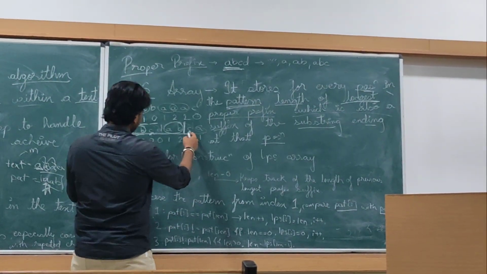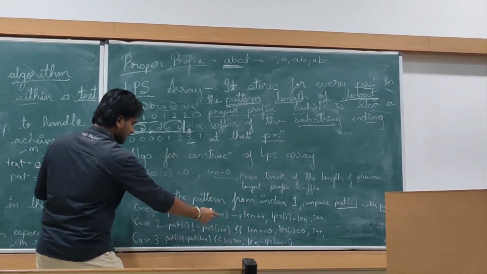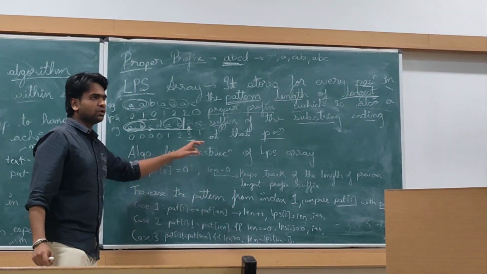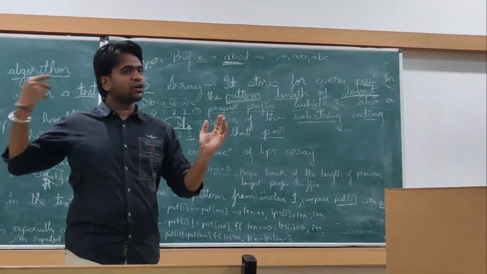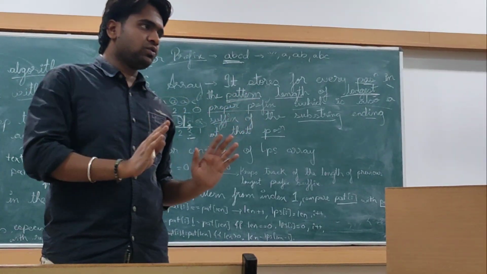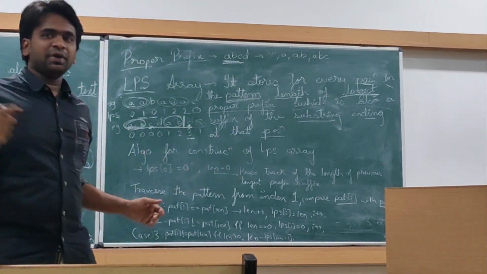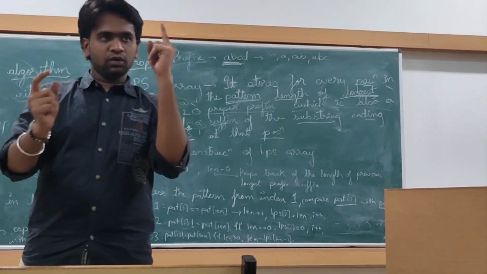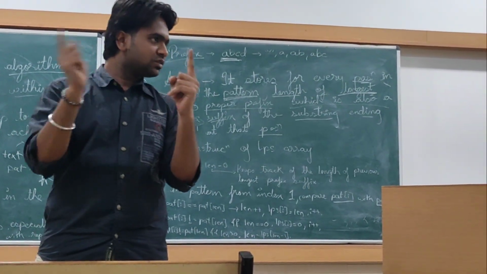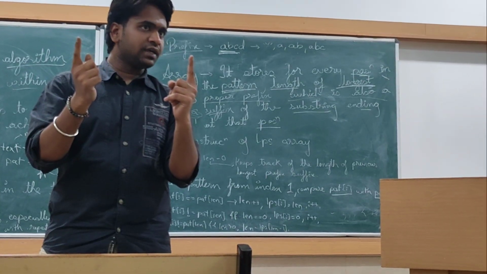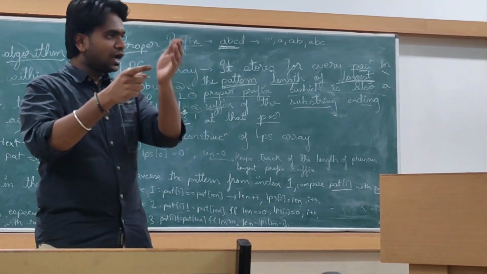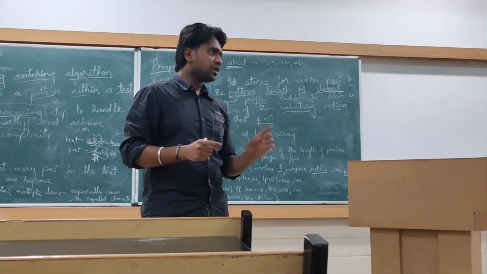So in that case, can I directly say LPS of i will be equal to 0? Because before this there was no proper prefix that was matching. Whatever A B C D E F G is, length is 0, and pattern of i and pattern of length are not equal. So you can directly write LPS of i equal to 0 and move to the next point.